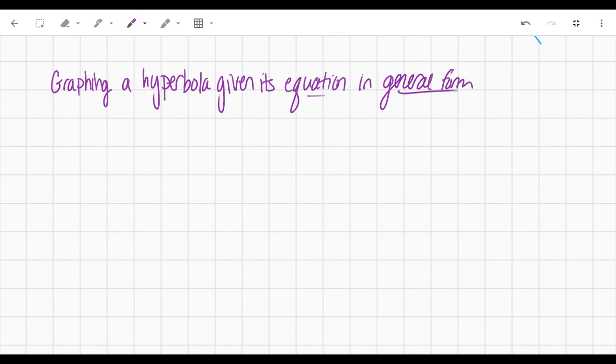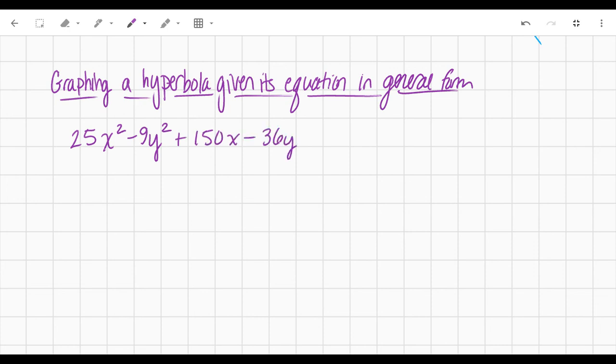Okay, so this is where we're going to be completing the square. Okay, so we're going to have 25x squared minus 9y squared plus 150x minus 36y minus 36 equals 0. All right, so we're going to group our x's. We're going to group our y's.